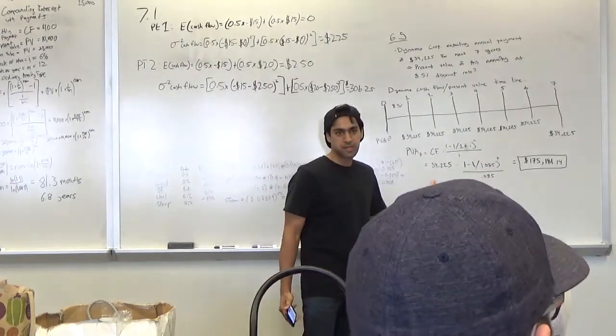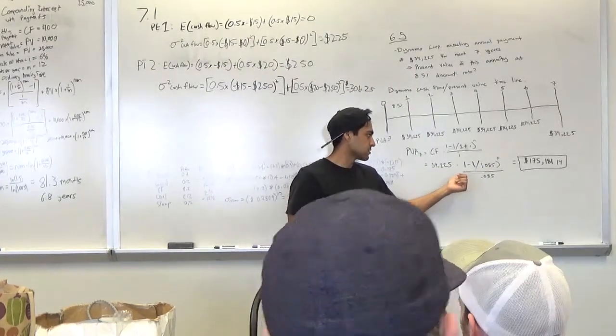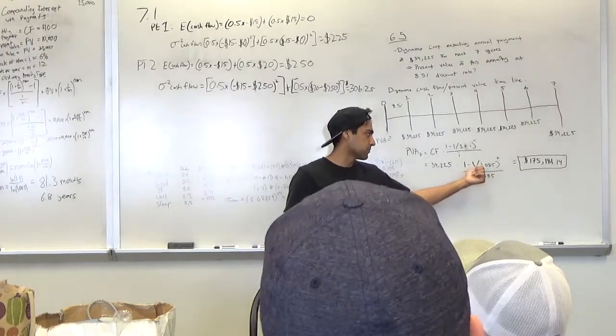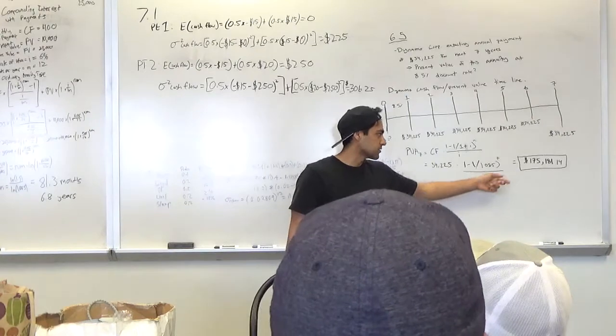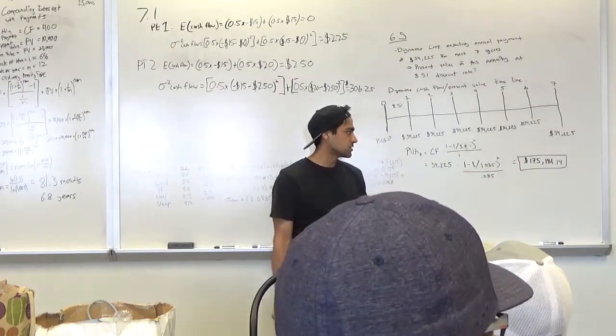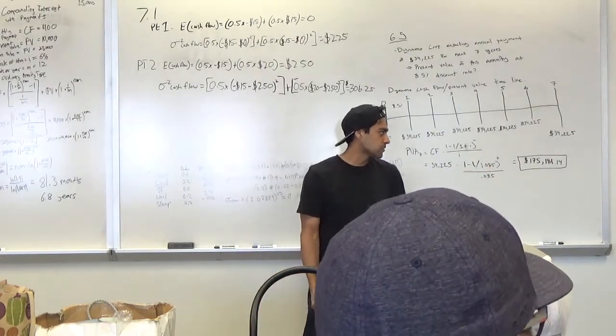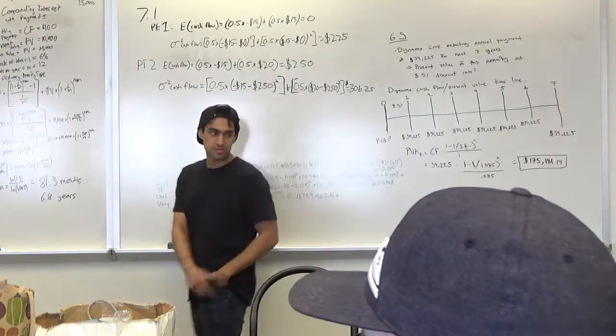So you do 34,225 times 1 minus 1 divided by 1.085 to the 7th power over 0.085, and that gives you $175,181.14.